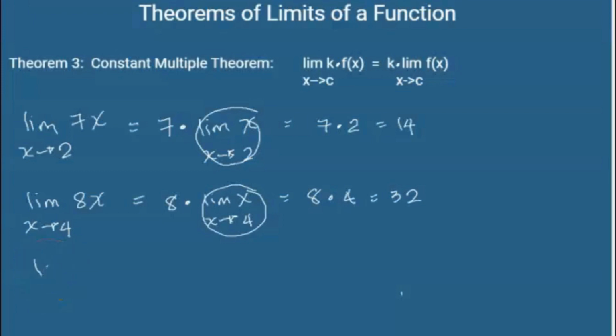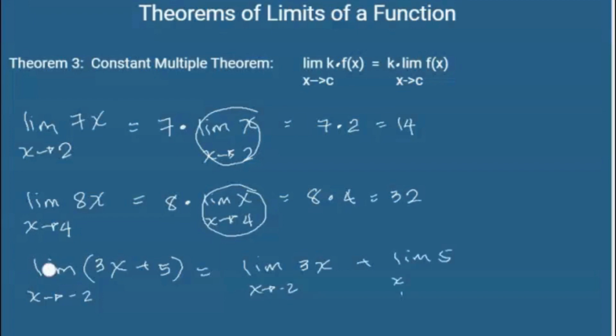Let's have another example. Let's have the limit of 3x plus 5 as x approaches negative 2. We can break this down as the limit of 3x as x approaches negative 2 plus the limit of 5 as x approaches negative 2.